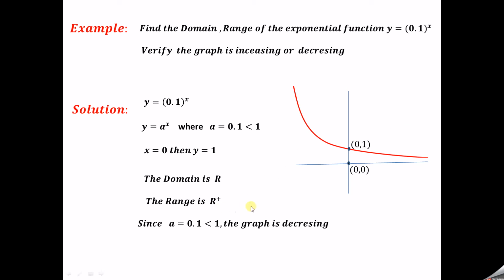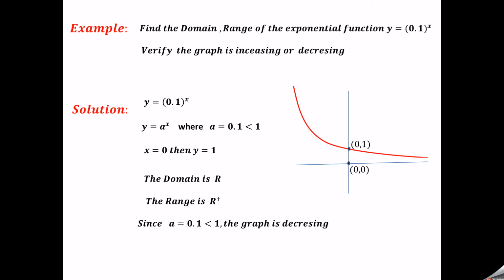So the y values, the images, are always positive. And here the base a is less than 1. Therefore, the graph will be a decreasing function. The graph is decreasing because the base is 0.1, which is less than 1.